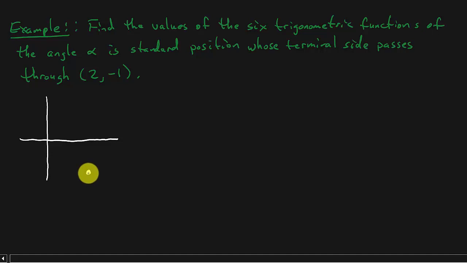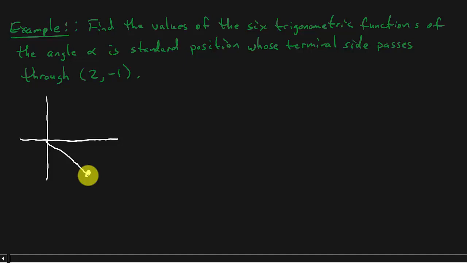Notice when I drew that point, I didn't put marks and go over 2 and down 1. This is just estimating where that point will be. The main thing is what quadrant it is in.